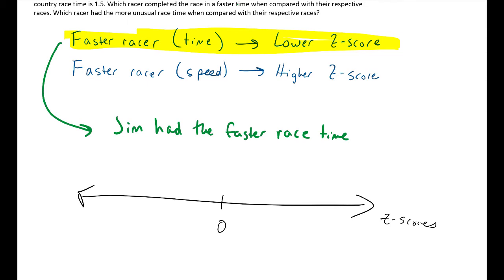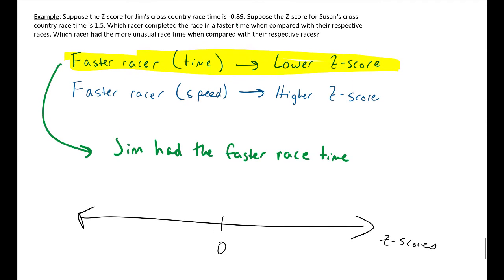And so let's see here. Jim's cross-country race time was a negative 0.89. On the other hand, Susan's was a positive 1.5. So the question of unusual is to determine the more unusual data value in terms of z-scores.